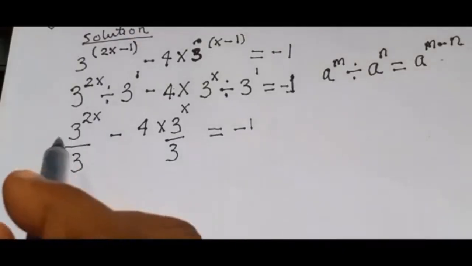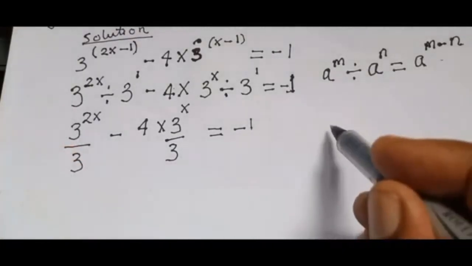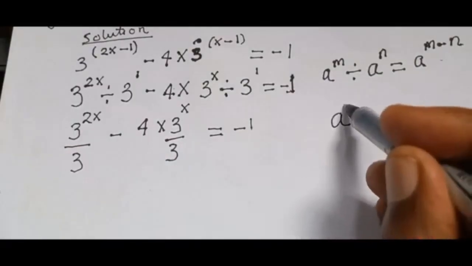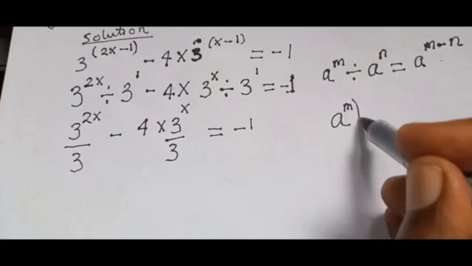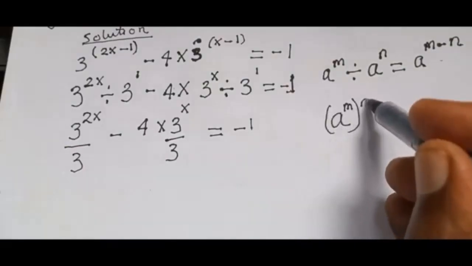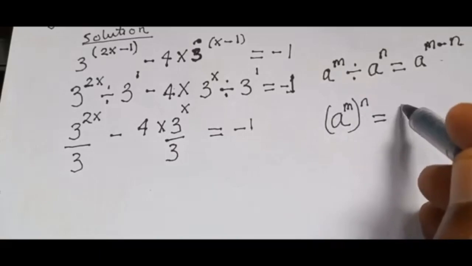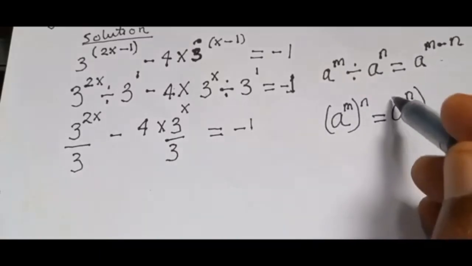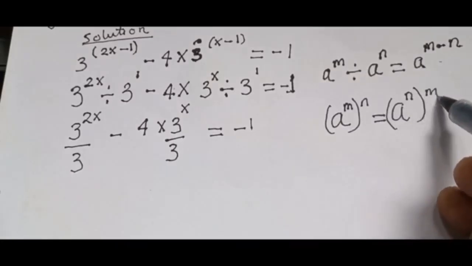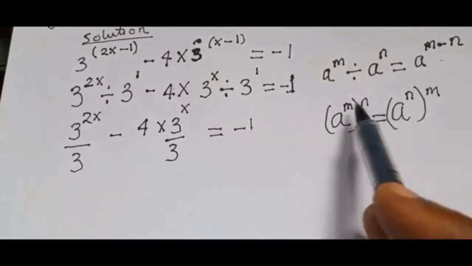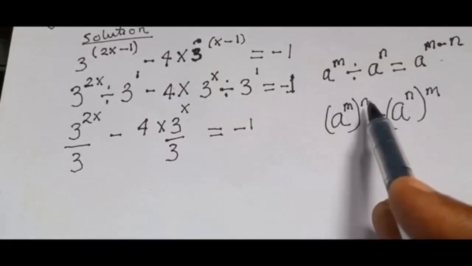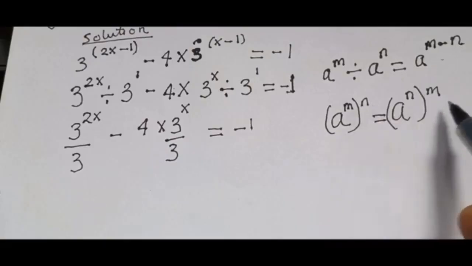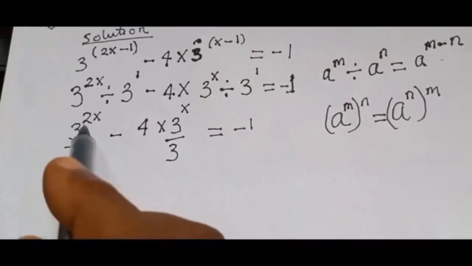So again here, we can use this law of exponents, which is a raised to power m in the bracket raised to n. This is the same as to write a raised to power n in the bracket raised to power m. We just interchange the exponents here. The one which is outside goes inside, and the one which is inside goes outside. The same applies here.